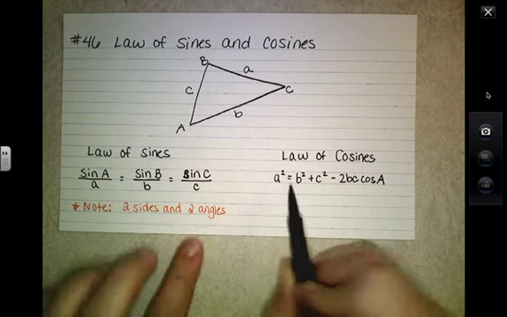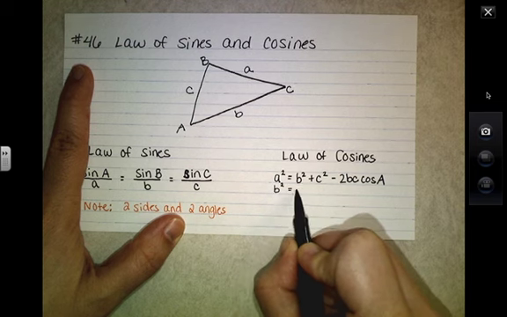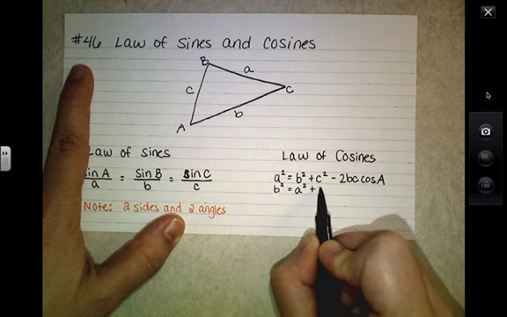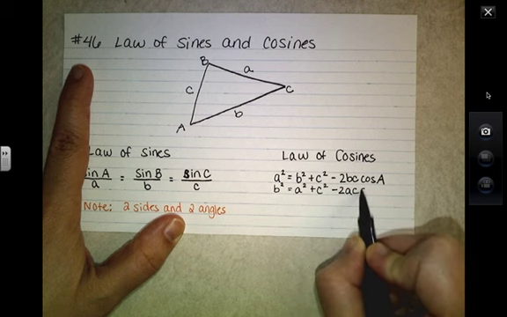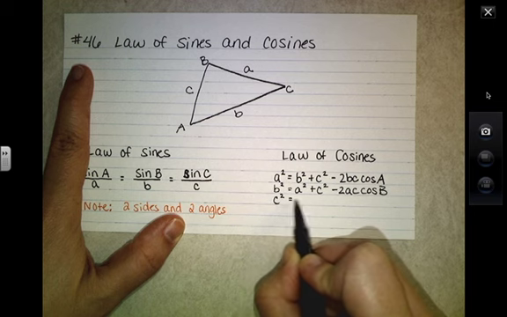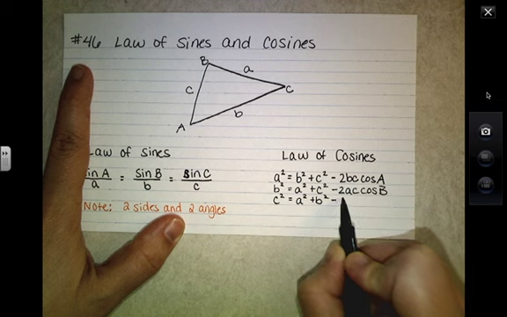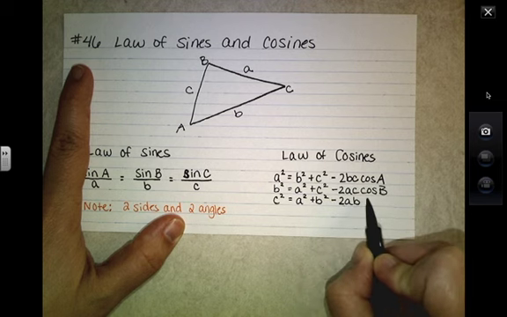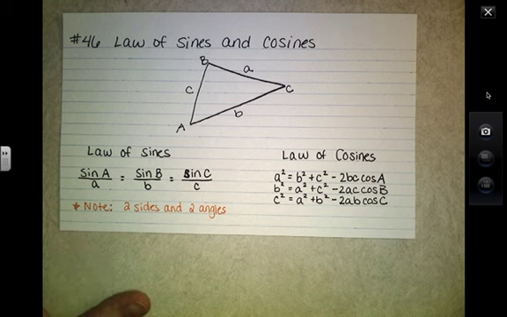So this can be rewritten with the other variables. We can say b squared equals a squared plus c squared minus 2ac cosine B, or even c squared equals a squared plus b squared minus 2ab cosine C. It's really the same thing for all three situations.